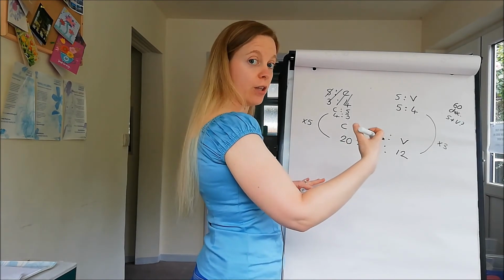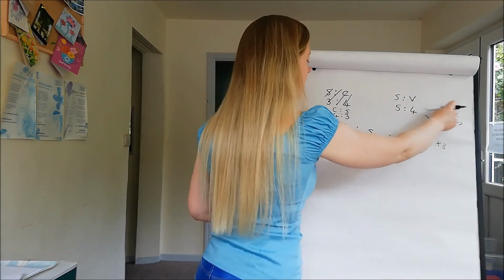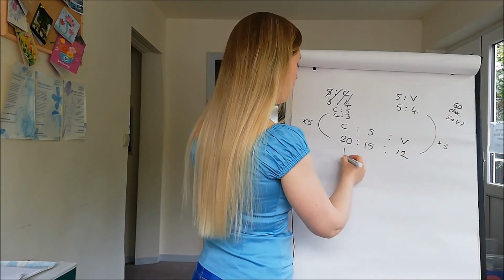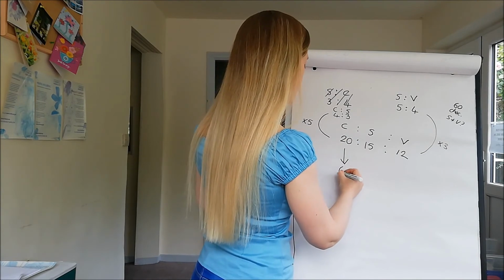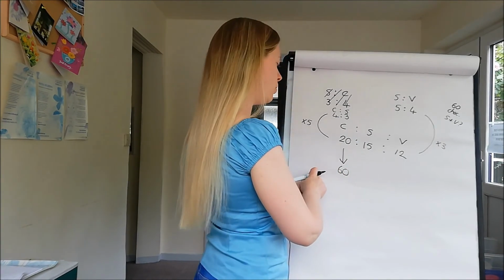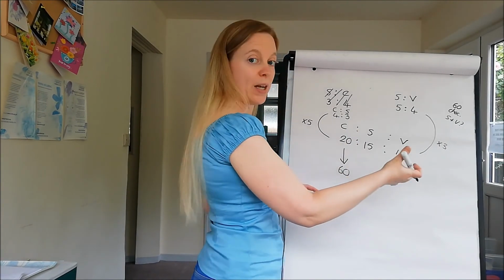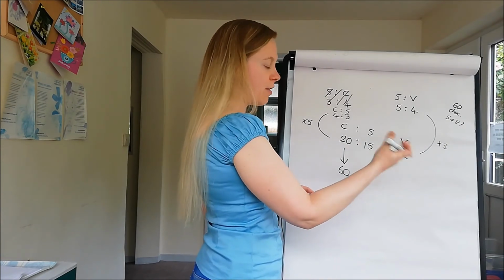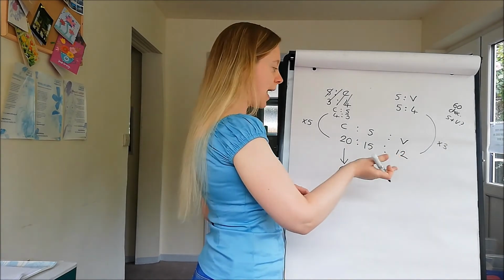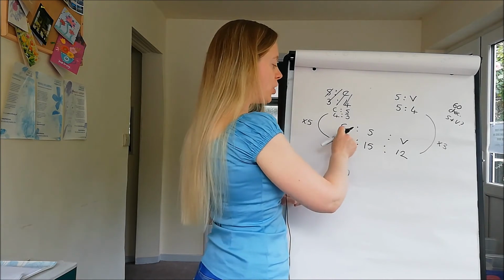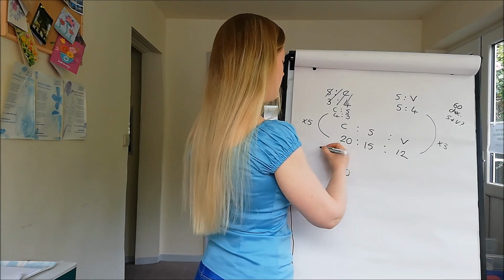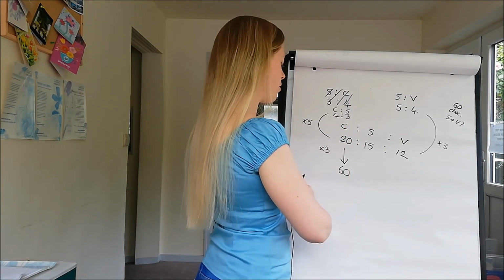The question then tells us that 60 chocolate ice creams were sold. So instead of 20 being sold, 60 are sold. And it says how many strawberry and vanilla. At that point, it's just a case then of scaling up this triple ratio. So to get from 20 to 60, we're multiplying by 3.